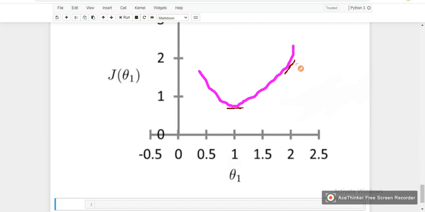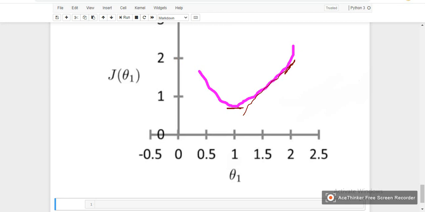We call the derivative the gradient. Descent means decrease, so we have to decrease the gradient of this function, and that's why we call it gradient descent. So it has to come from here to here.